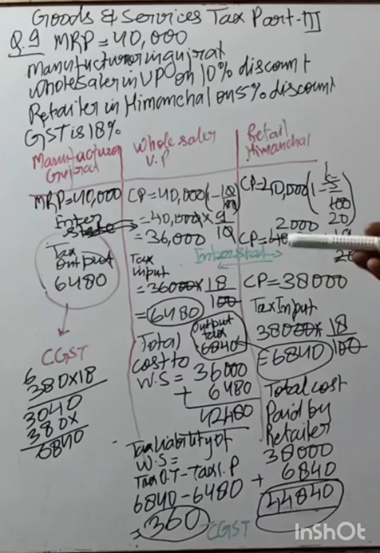This is saying him, जो यूपी वाला है, right? Manufacturer in Gujarat at a discount of 10% on the printed price, and the wholesaler sells the article to the retailer in Himachal at 5% above the printed price. प्रिंटेड प्राइस के ऊपर कॉस्ट प्राइस वो बढ़ा देता है यहाँ पे. He is not giving discount, man.